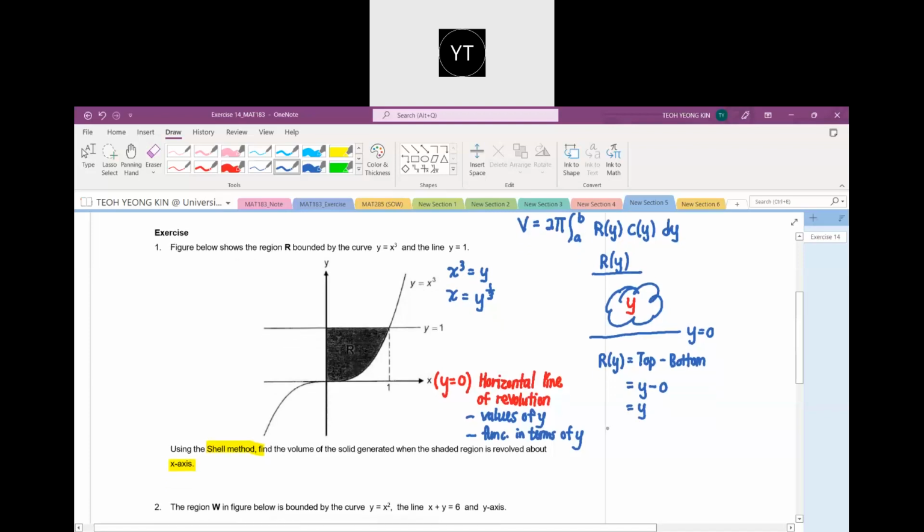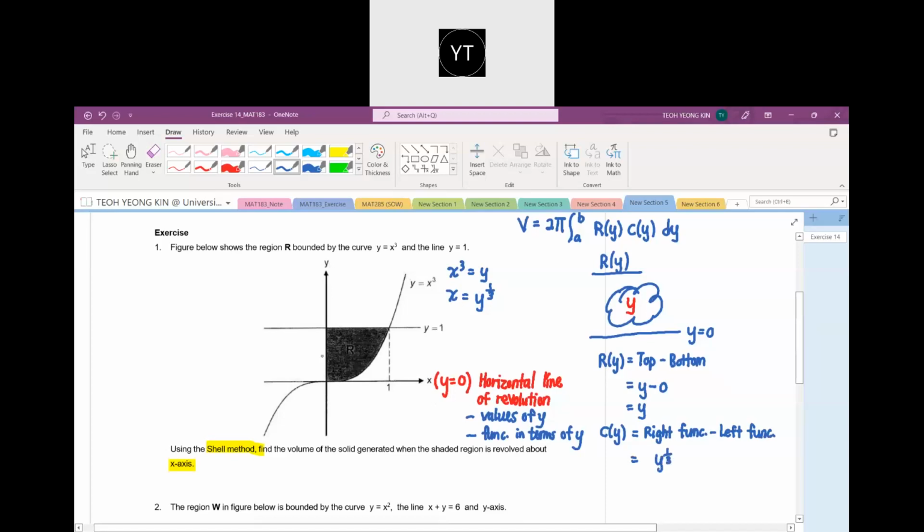And then for C(y), it is the right function minus the left function. The right function is y power of 1 over 3.